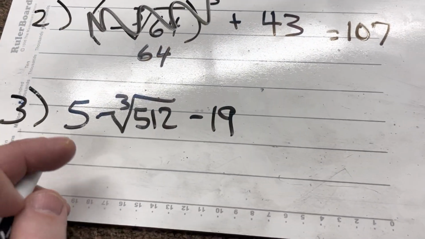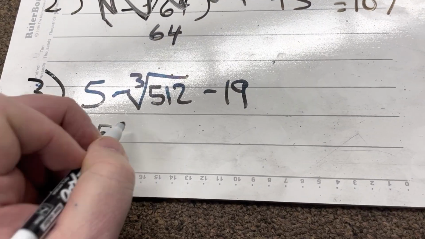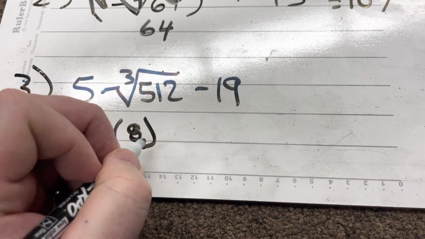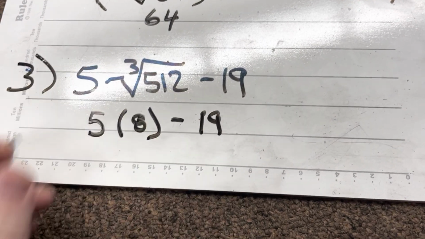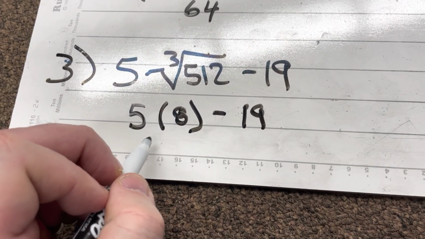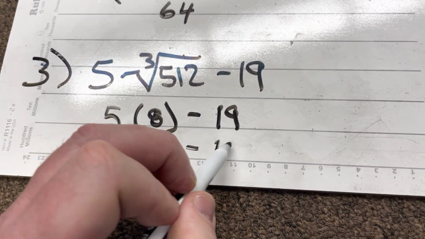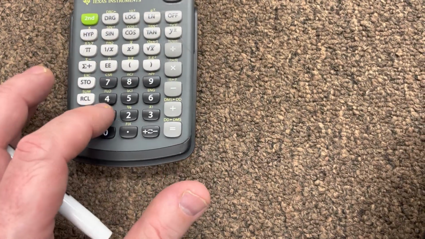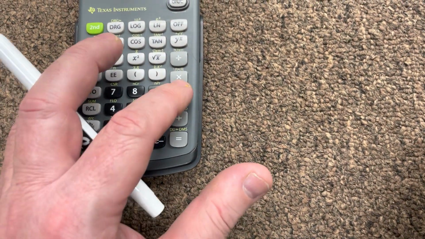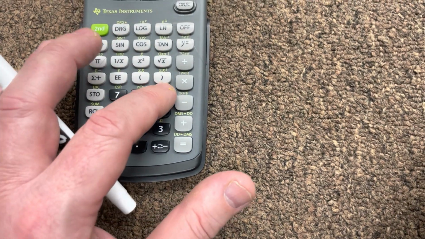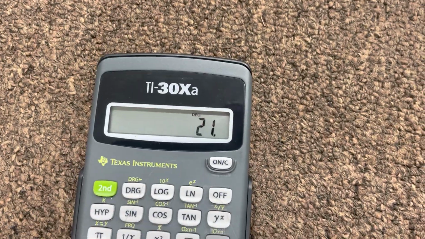So essentially this becomes 5 times 8 minus 19. Now I know that 5 times 8 is 40, so that becomes 40 minus 19. 40 minus 19 is not hard to do, but just to confirm with our calculator, 40 minus 19 equals 21.